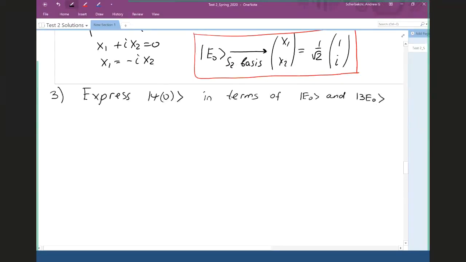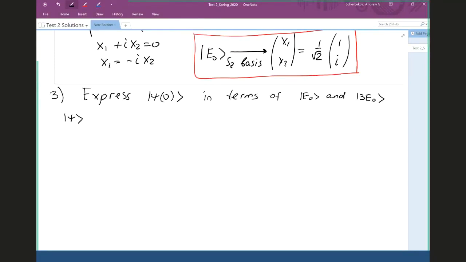So how do we do that? Well, E0 and 3 E0 represent a basis. They are a pair of two orthogonal states. They are orthonormal, right? We normalized them as well, so they can be used as bases.